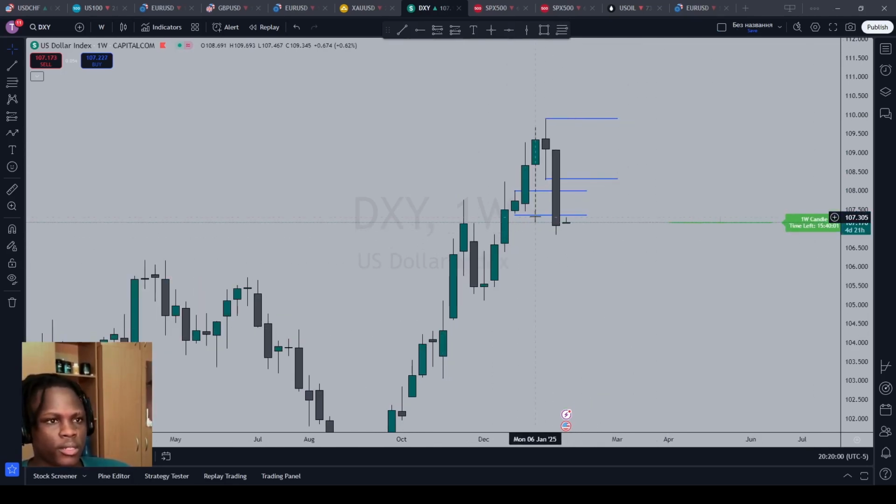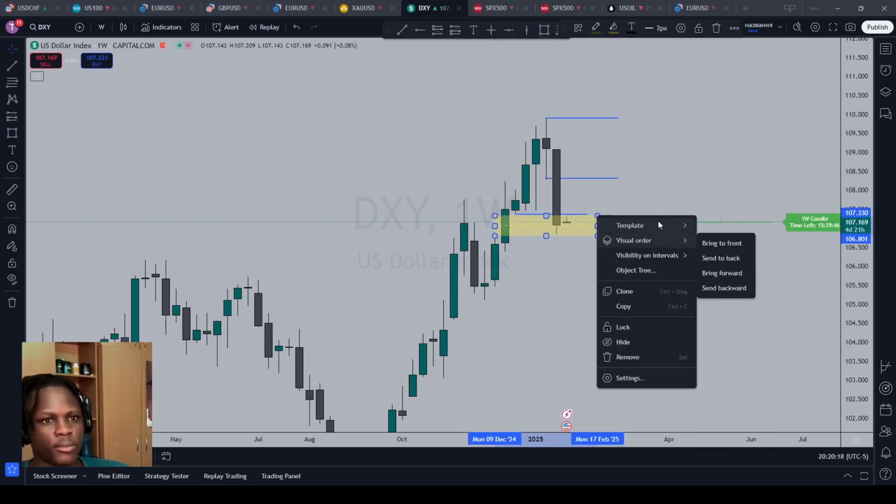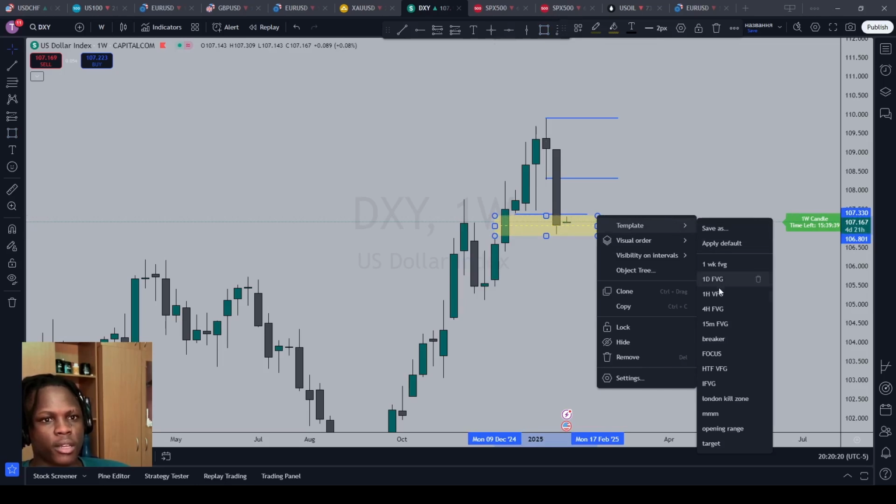Let me also remove this, since price is not clear on what it wants to do. This is a weekly time frame for the dollar. I use the dollar so that I can frame my trades for the other forex pairs and for the futures pairs.